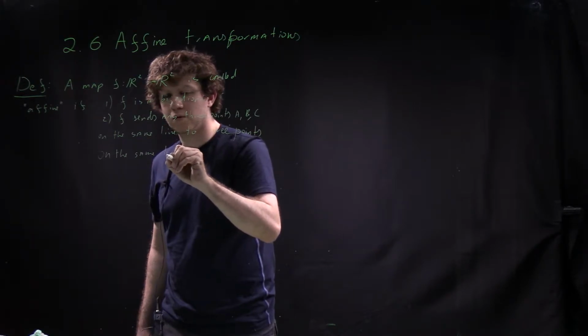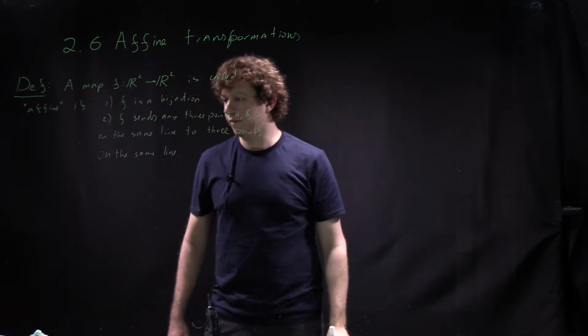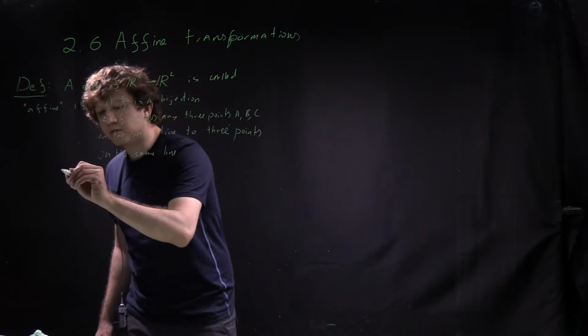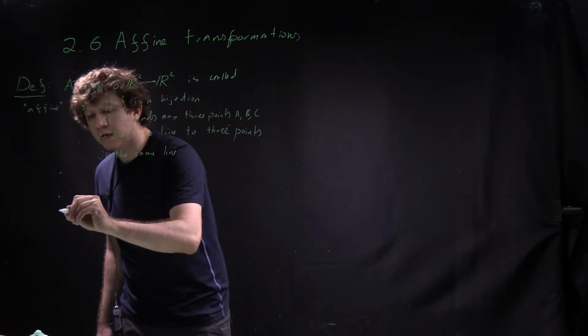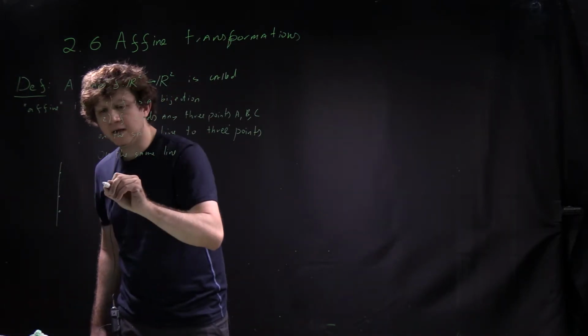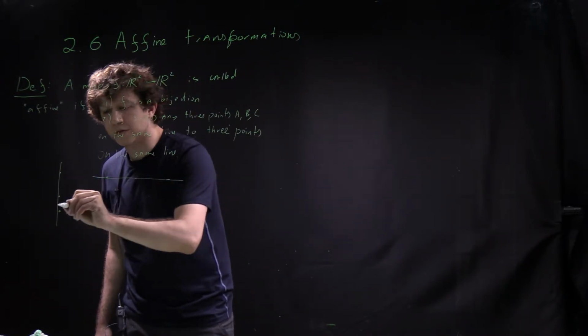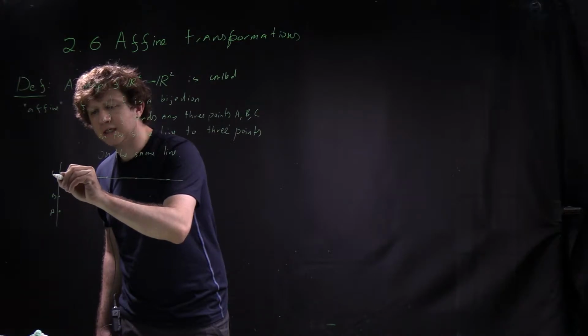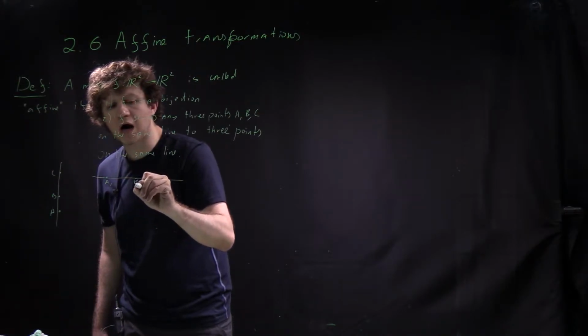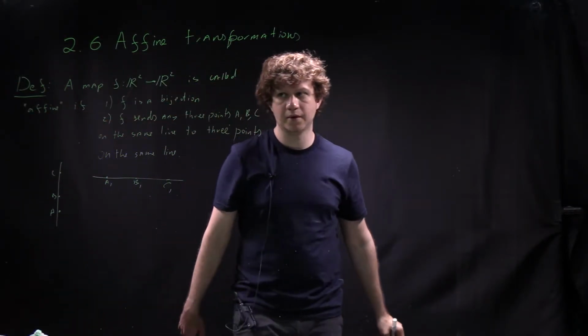So, for instance, you take certain 3 points and they lie on the same line, and the only condition is that they actually go to points on the same line, but this is supposed to be true for an arbitrary triple of points.